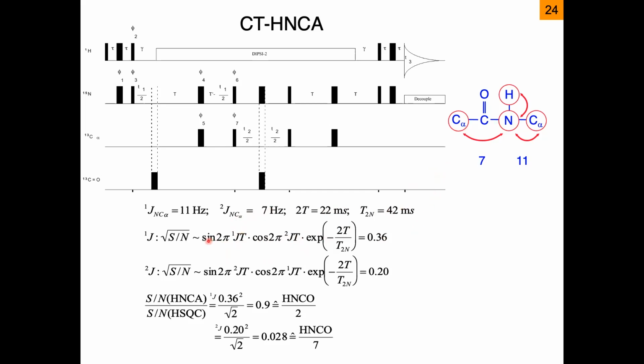Then the 2-bond coupling is the active coupling with the sine term, and the 1-bond coupling is the passive coupling that you don't want to have with the cosine term. So to make a long story short, you don't have one single thing where you only can observe one.